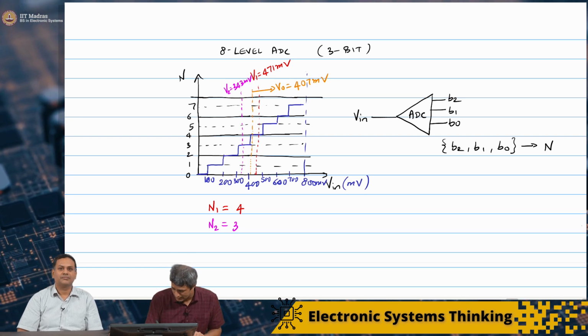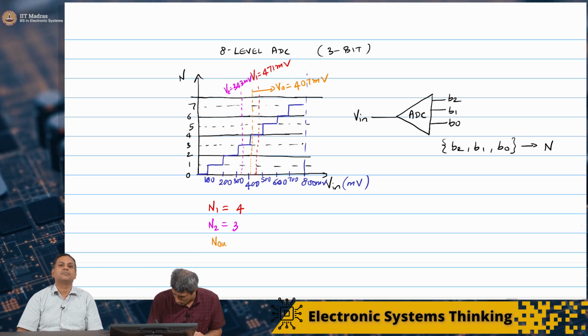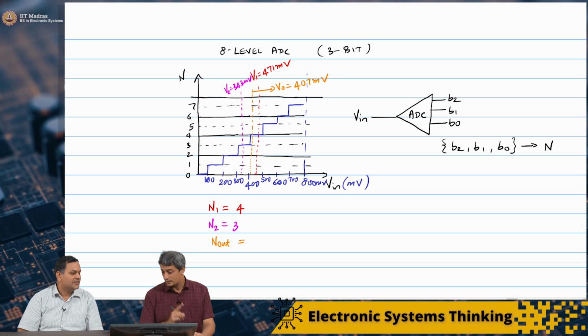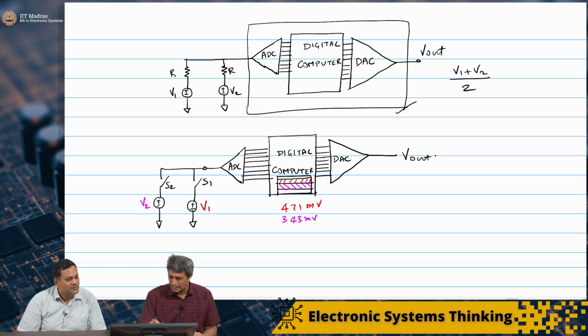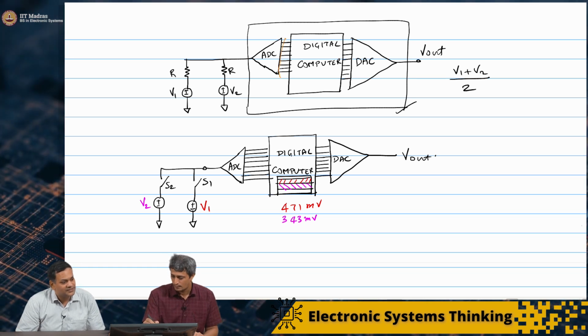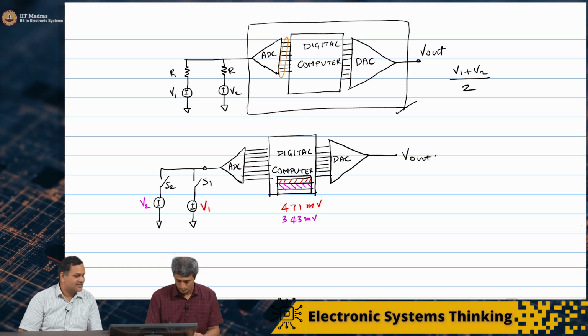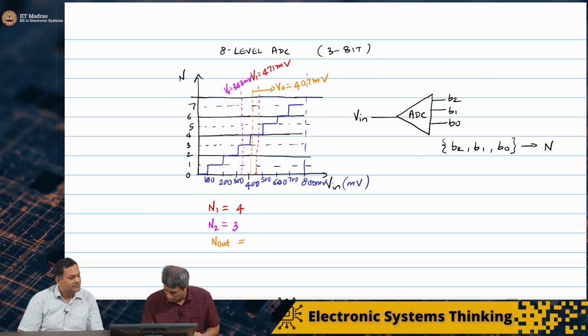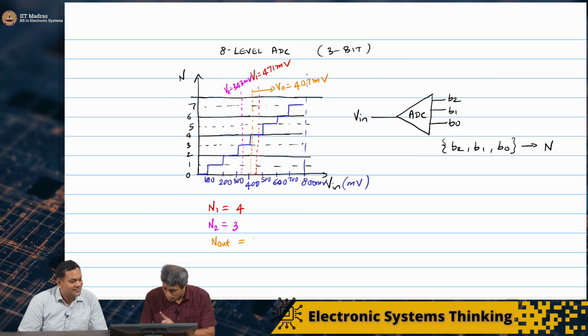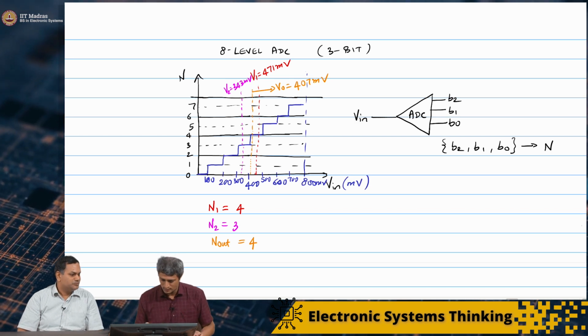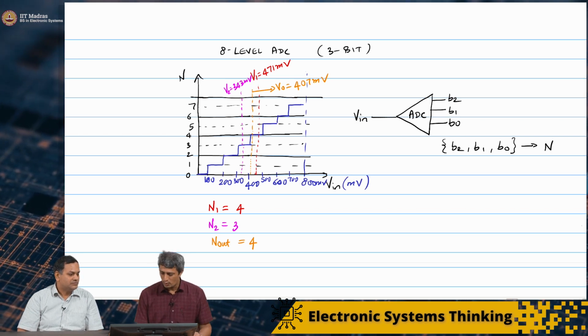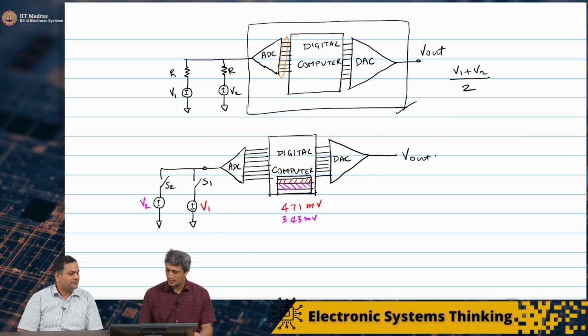The ADC value that comes out of here, if this were a 3-bit number, is still going to be 4.